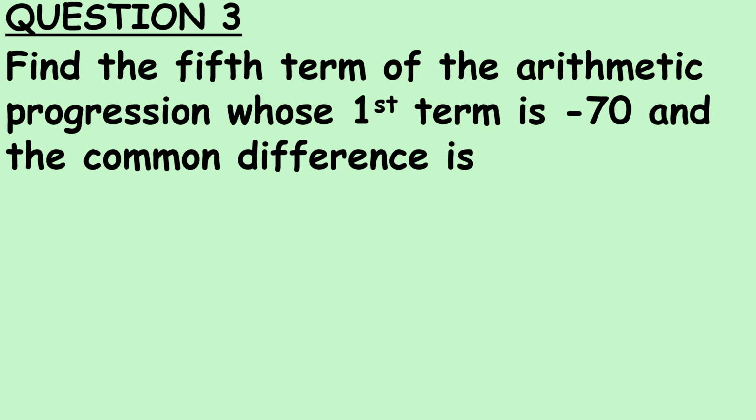That tells you that A1 is minus 70. And the common difference is minus 5. That is, A1 is minus 70 being the first term, and the common difference is minus 5. That is, d is equals to minus 5.